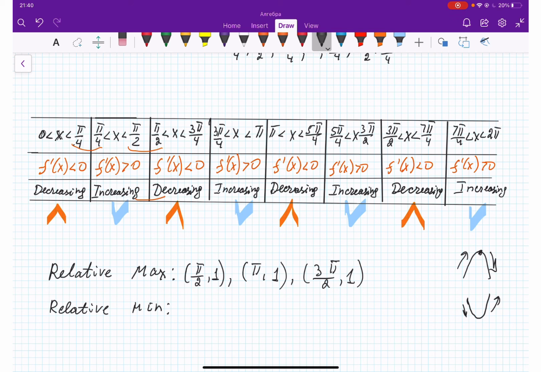Now the coordinate of minima is going to be pi over 4, because it's switching from decreasing to increasing at the point pi over 4. So we are getting pi over 4 and 0, and then 3 pi over 4, 0, from decreasing to increasing.